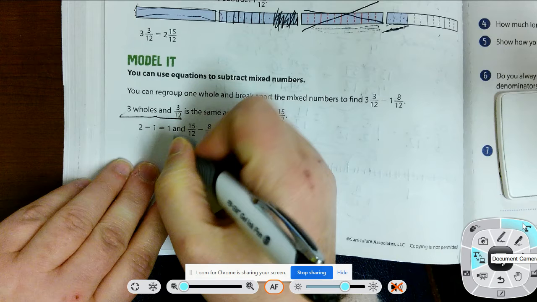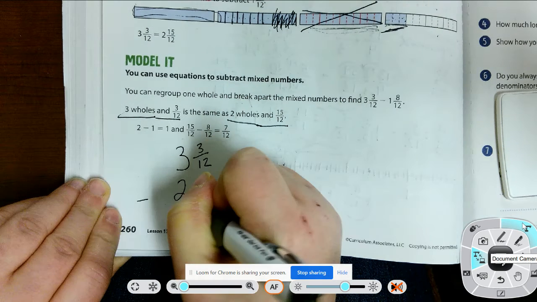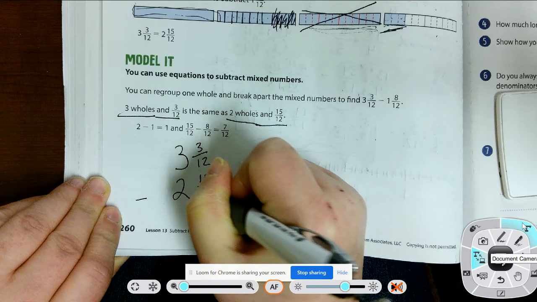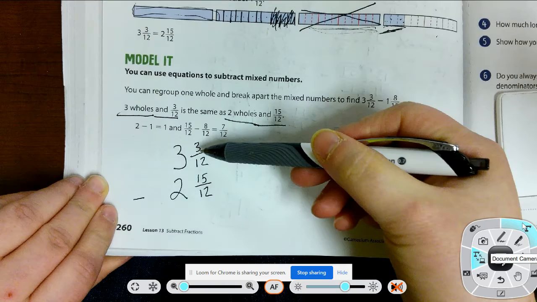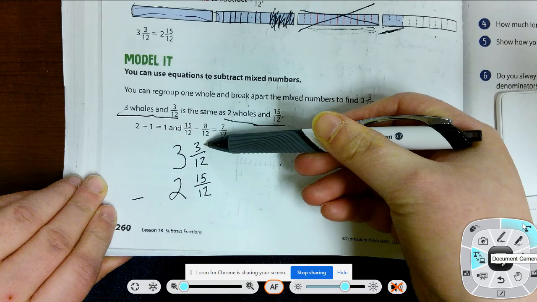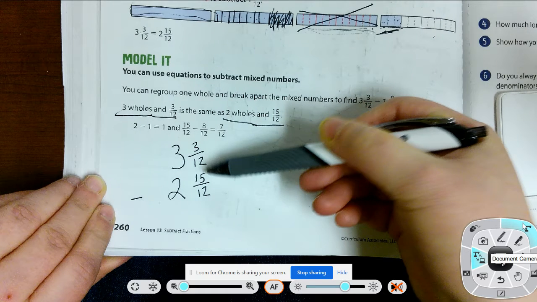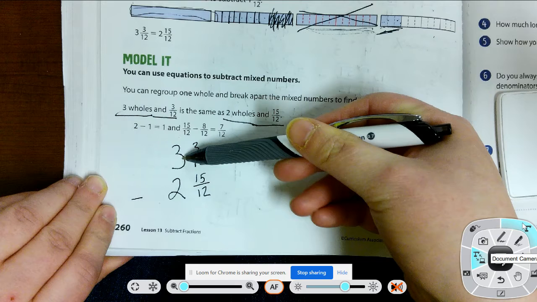So what did they do here? They knew they had 3 wholes and 3 12ths, and we're taking away 1 whole and 8 12ths. So what they did here is they knew that they can't, because when you're subtracting you have to start on the right side. So we know we can't take 15 away from 3, right? So we need to borrow from the whole number.